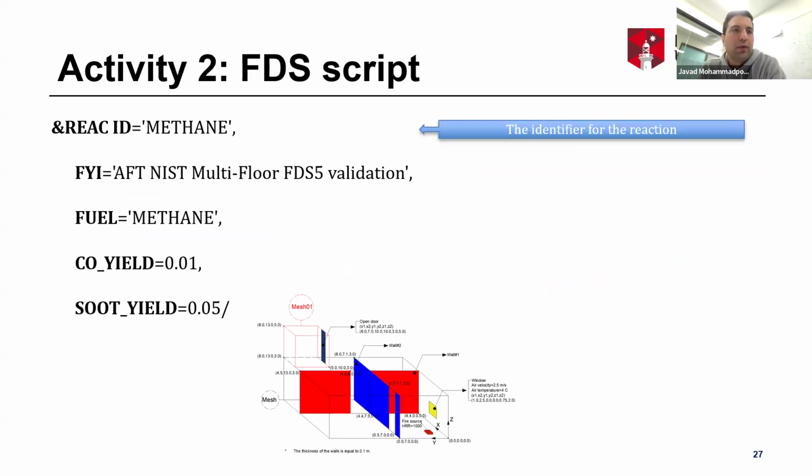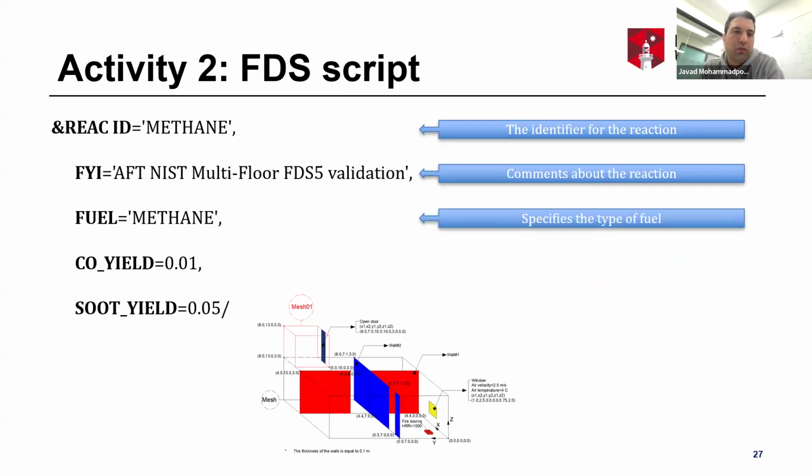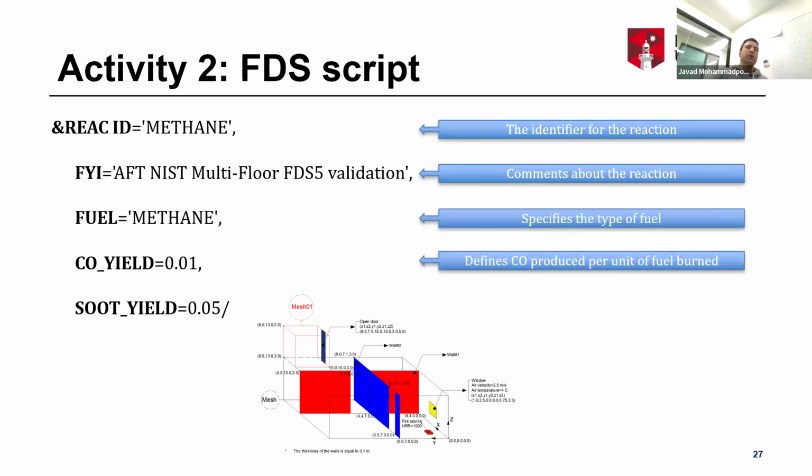So what is the reaction ID? I name it methane. And here you can provide some comments on the reaction. It's not very important. What is the fuel? It's methane, which is already a built-in material in FDS. What is the value of the yielded CO?